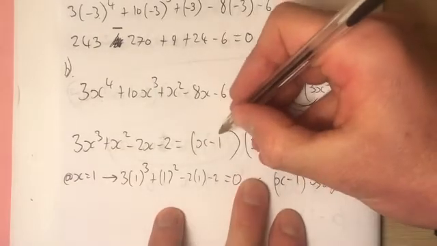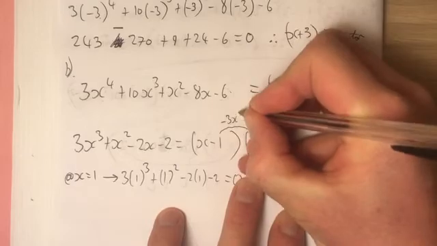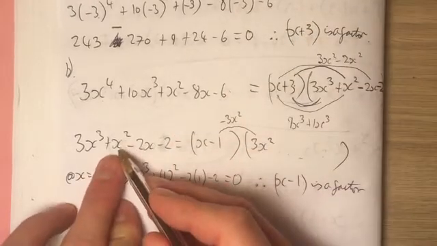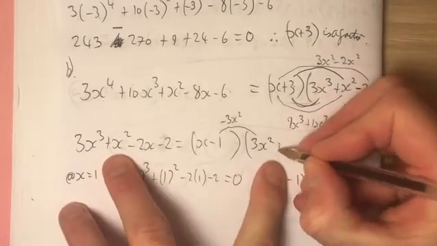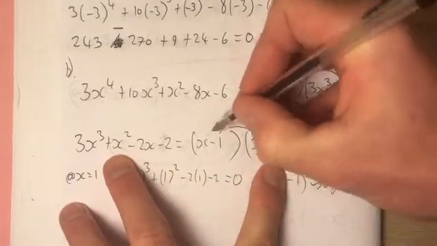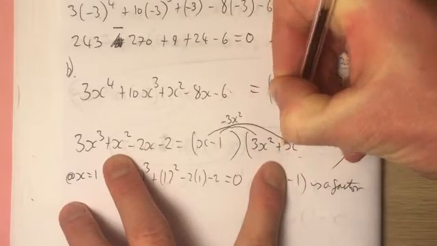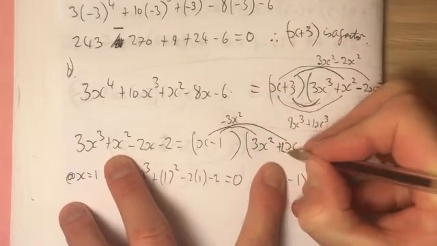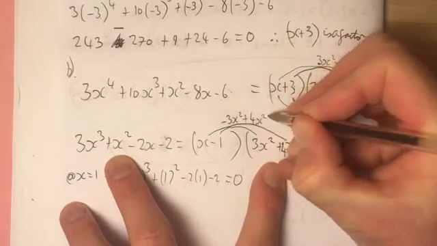Now, already I've got minus 1 times 3x squared, which is minus 3x squared. I need to have plus x squared as an answer. So that means I need to have plus 4x here, because then I'll have plus 4x squared.